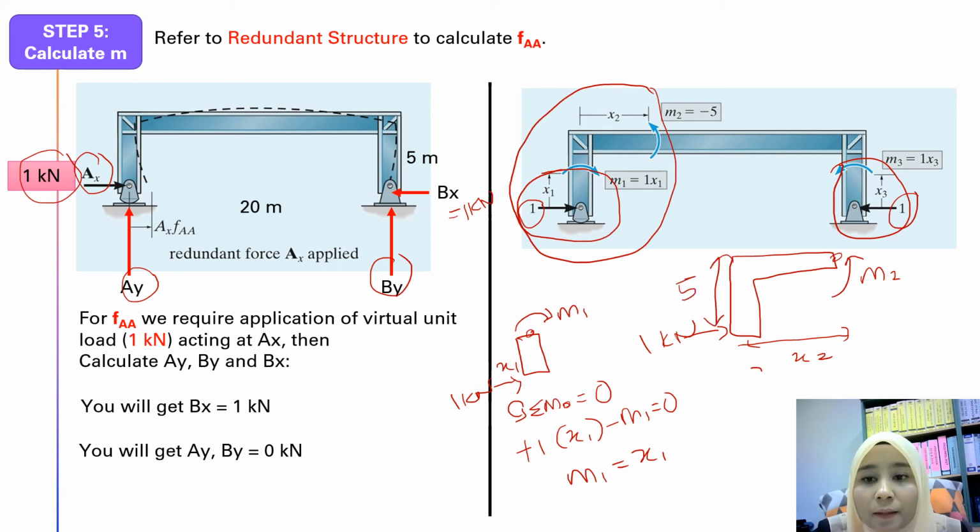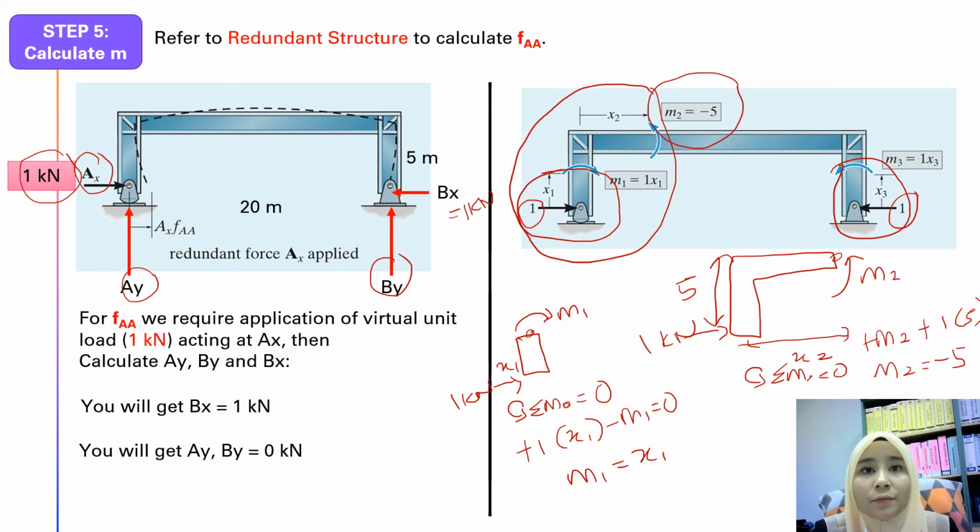Summation moment at the dot is equal to 0. So you will have plus m2, plus 1 multiplied by 5. So you have m2 is equal to negative 5. So this is 1. Okay, you have m1, m2 and m3.